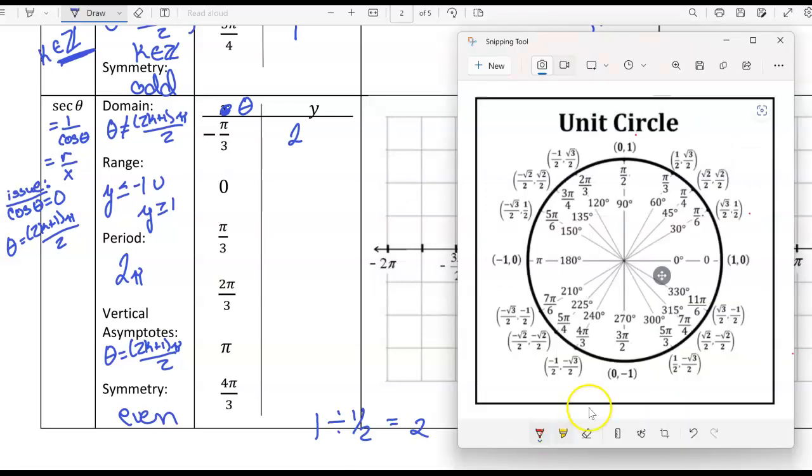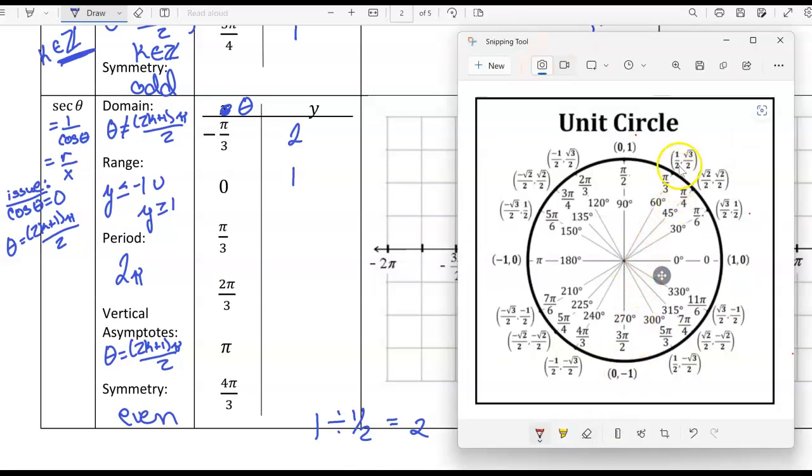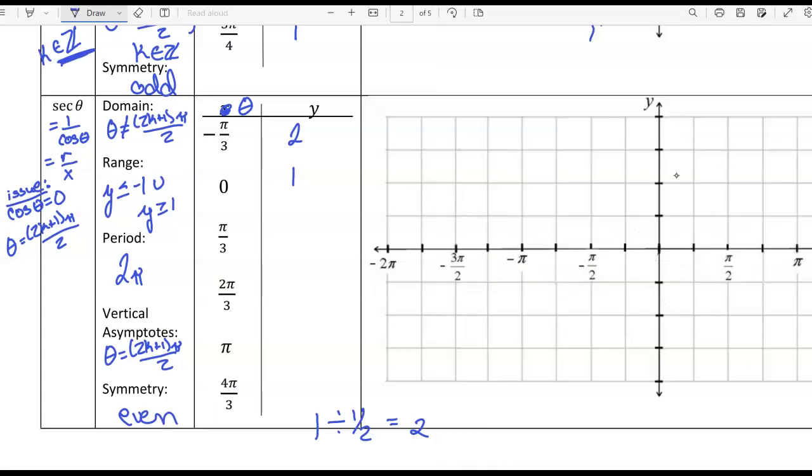And I'm going to look at 0. So at 0, I'm going to have 1 divided by 1, which is 1. At pi over 3, which is here, I'm going to have 1 divided by 1/2, which again is a 2.